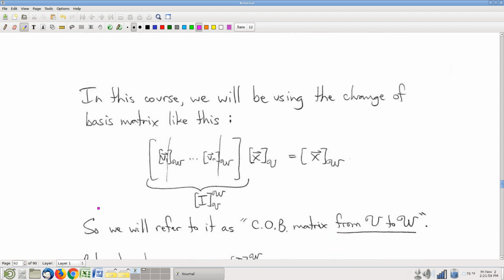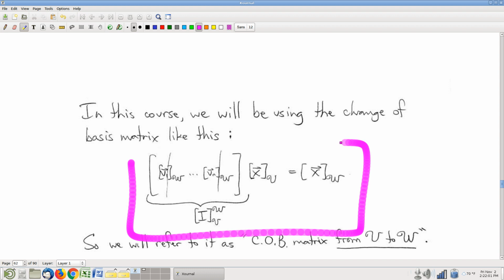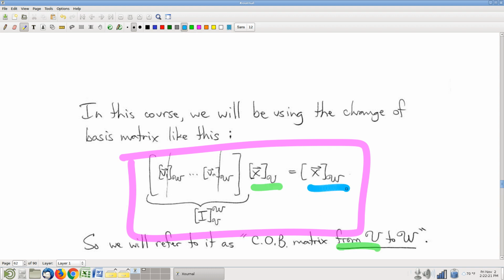In Math 216, what we're going to do a lot of is take matrices and multiply them by coordinates with respect to one language and interpret the result as coordinates of the same vector with respect to another language. Since this is the application we're going to use, I feel we should use terminology consistent with it.